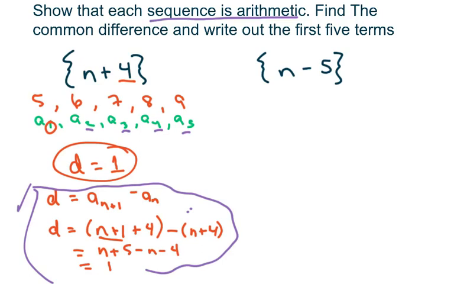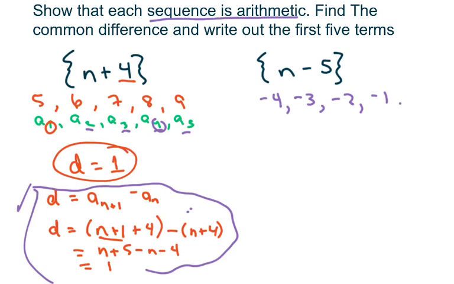So you plug in 1, and you're going to get 1 minus 5, which is negative 4. 2 minus 5 is negative 3. 3 minus 5 is negative 2. 4 minus 5 is negative 1.